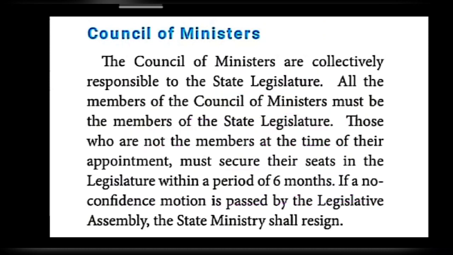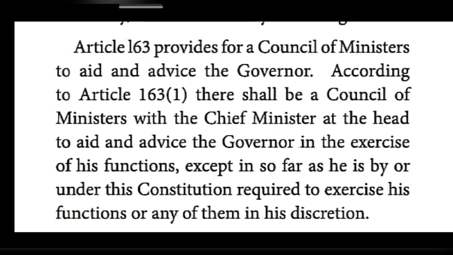The next, as per article 163, on the basis of that, the council of ministers has the power to give aid, that is, help. They have the power to give aid and advice to the governor.